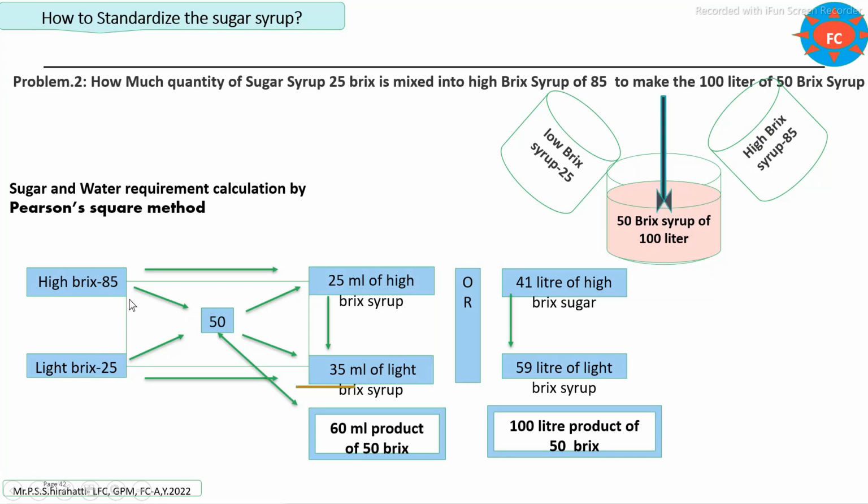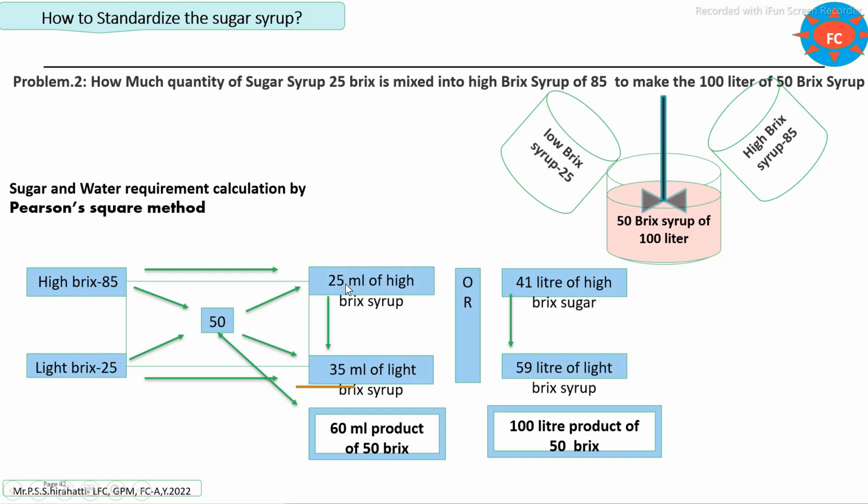Then draw the lines and subtract: 50 minus 25 is 25, and 85 minus 50 is 35. That means 25 ml of the 85 degree Brix sugar syrup is mixed with 35 ml of the 25 degree Brix sugar syrup. Then we get 60 ml of product containing 50 degree Brix sugar syrup.